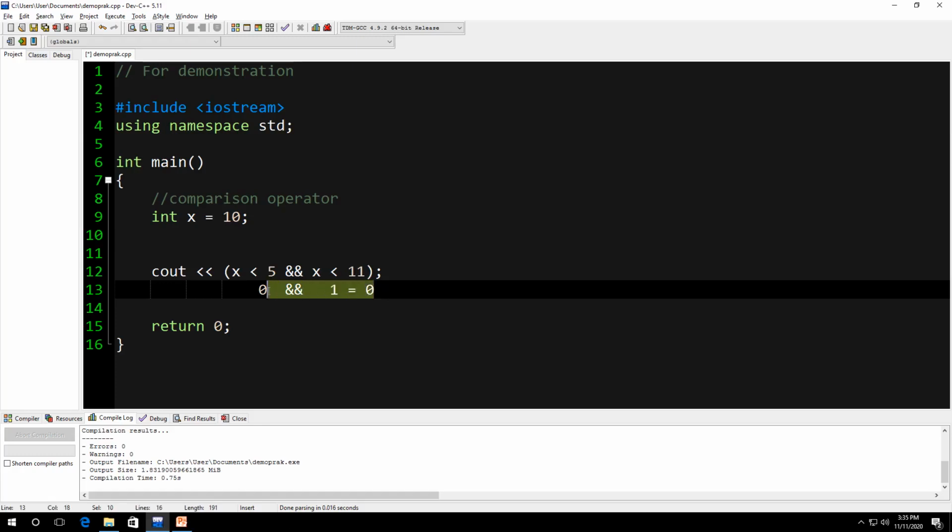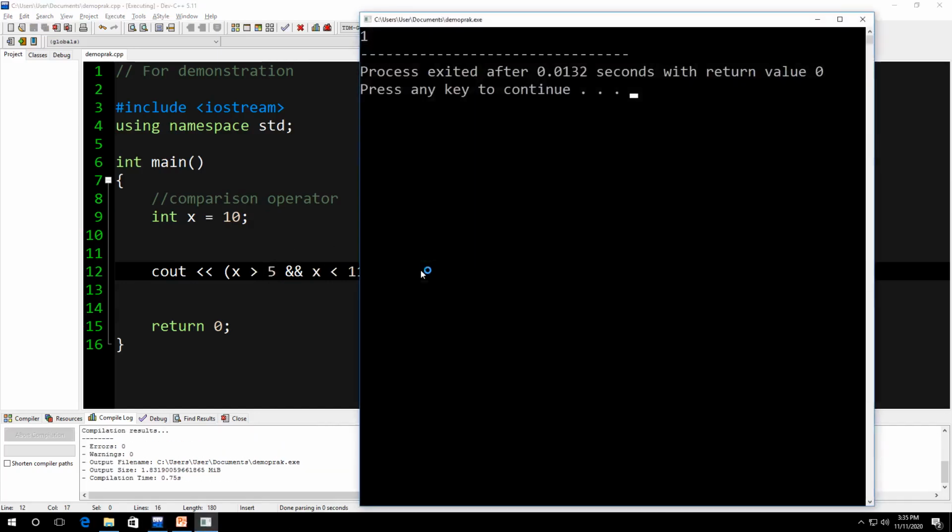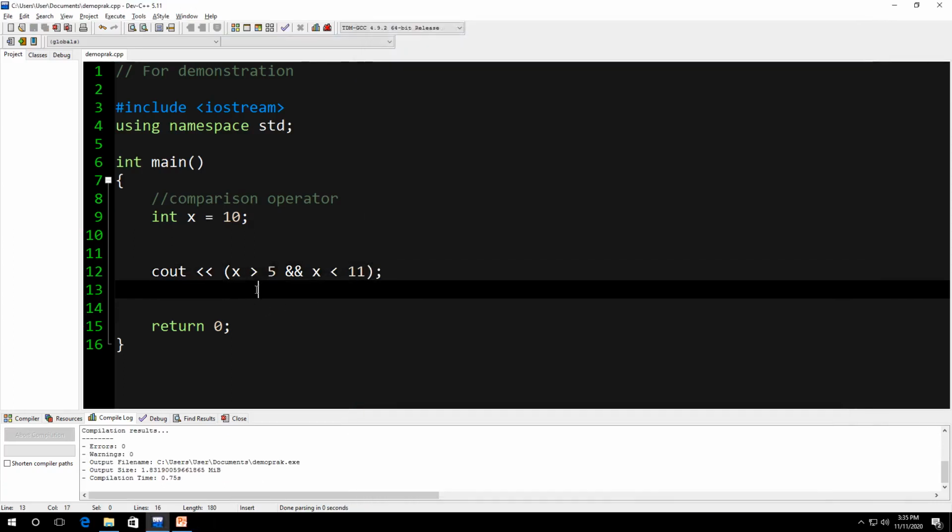What if we change this to x is greater than 5? Let's try it. It will give you true. So why is it true? Is x greater than 5? Is 10 greater than 5? Yes, it is greater than 5, so it gives you true.